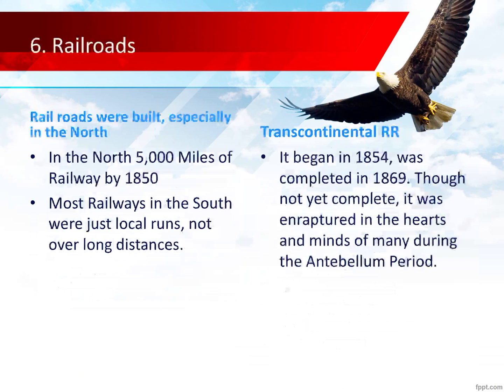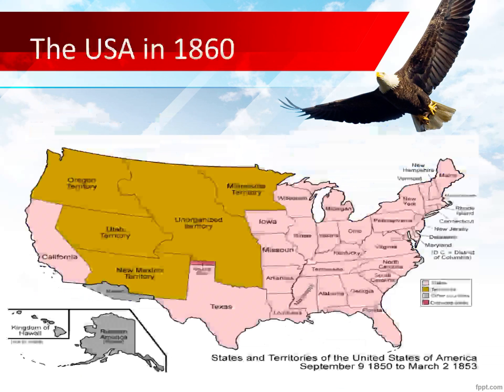In 1854, the Transcontinental Railroad begins to be built. Now, it's not completed until after the American Civil War, but it's beginning, and it begins to feed into the imagination of Americans. Hey, we can really go across this continent. So it's connected to that manifest destiny concept.